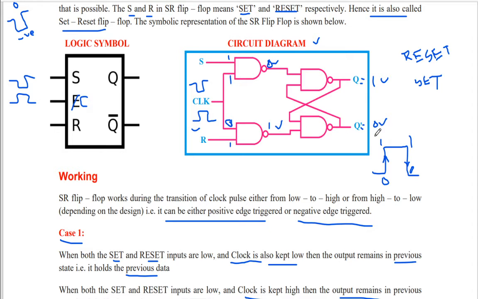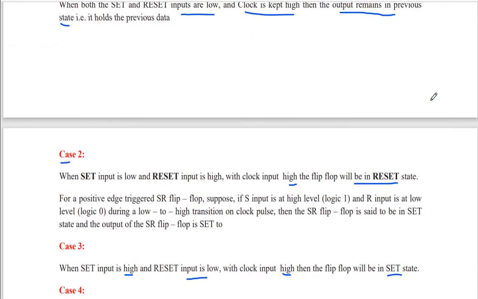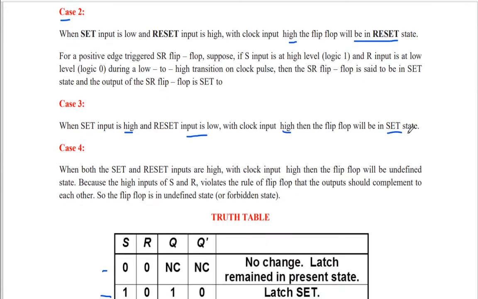This state we call the set state, when S is 1 and R is 0 and the clock input given is high. The lower NAND gate produces a high output, whereas the upper NAND gate produces a low output, and that state we call the set state.